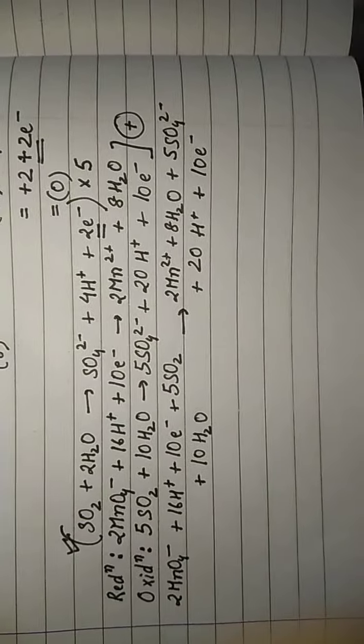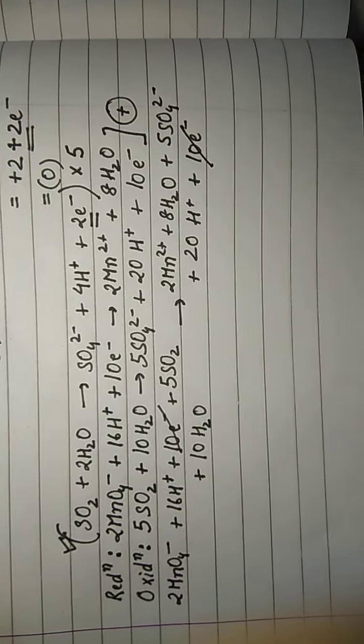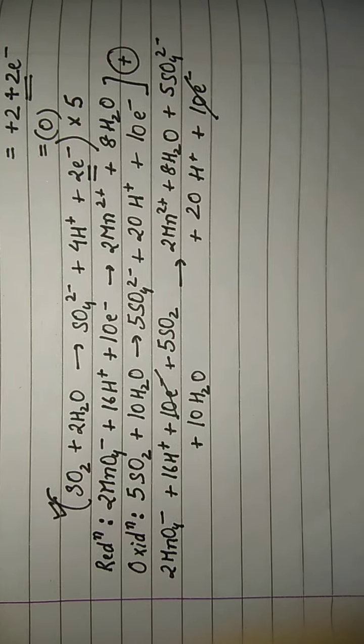Alright, so this is your final equation. The 10 electrons from the left and 10 electrons from the right get cancelled out, right?